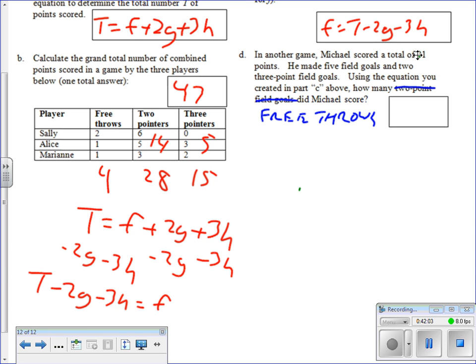I think that's what that's supposed to be. So F equals 21 minus 2 times 5 minus 3 times 3. Nope, that doesn't work either. But you guys get the idea, right? I really hate that I have this in here, but you guys get the right idea, right?